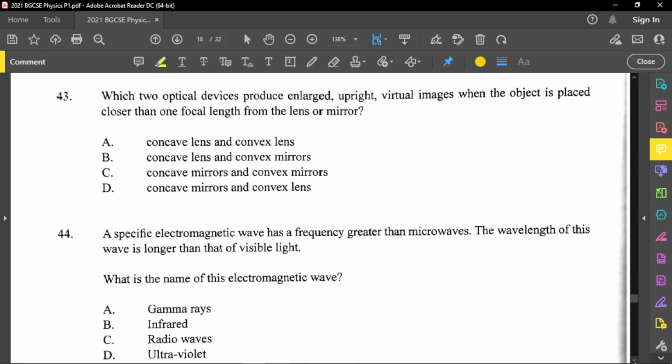Question number 43. Which two optical devices produce enlarged upright virtual images when the object is placed closer than one focal length from the lens or mirror? And again, we have done a number of examples, and I'll show you how to draw the diagrams using a concave mirror.